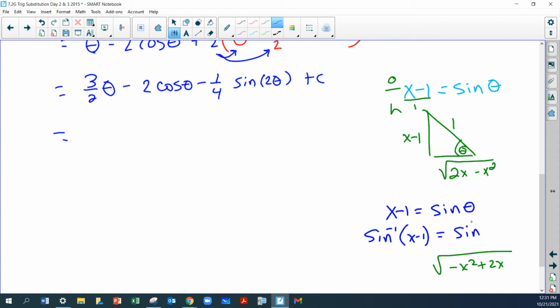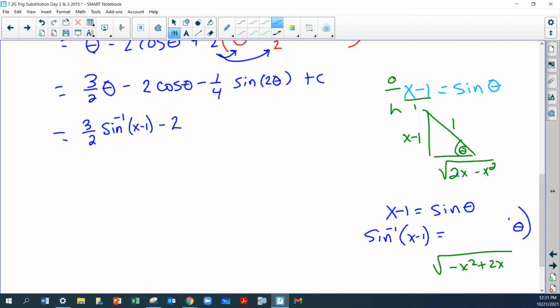If I sine inverse a sine of theta, these negate each other, and I get theta equals sine inverse of x minus 1. So this becomes 3/2 sine inverse of (x minus 1), minus 2 cosine of theta.